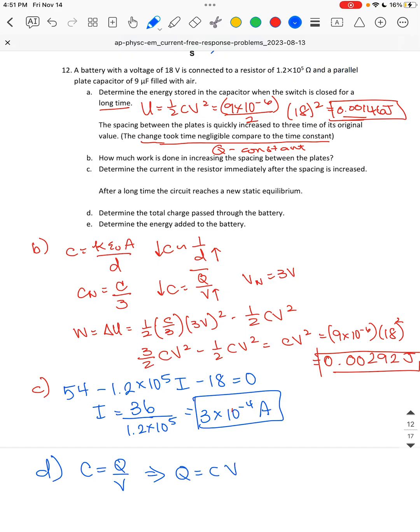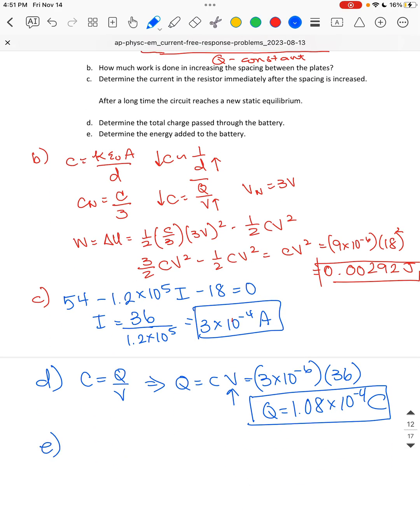My new capacitance value is 3 times 10 to the negative 6, and my voltage, which is the voltage that has been dissipated when it went from 54 to 18, is going to be 36. So when I calculate this, I get a charge of 1.08 times 10 to the negative 4 coulombs.